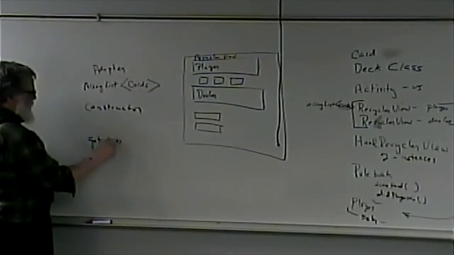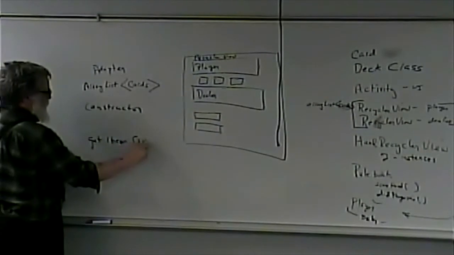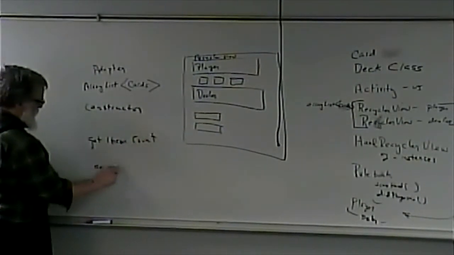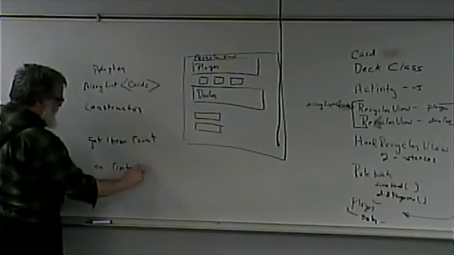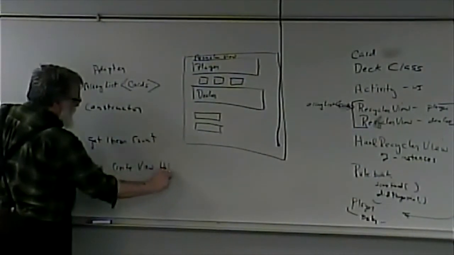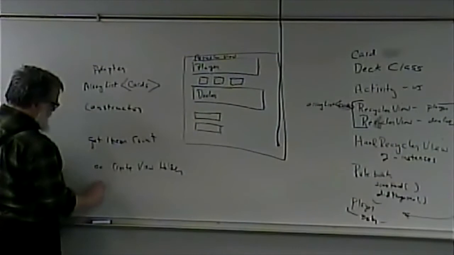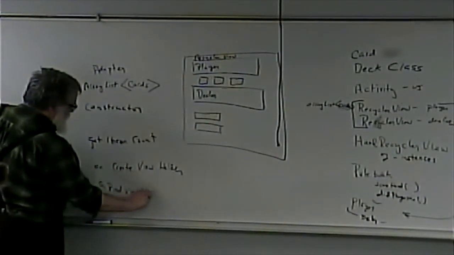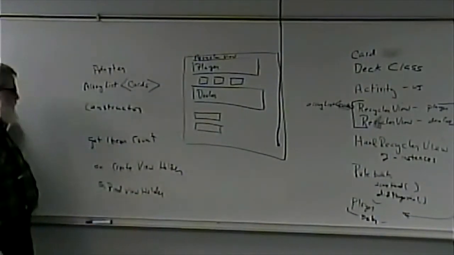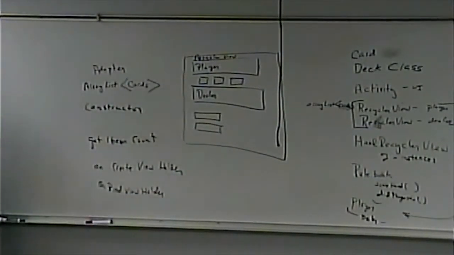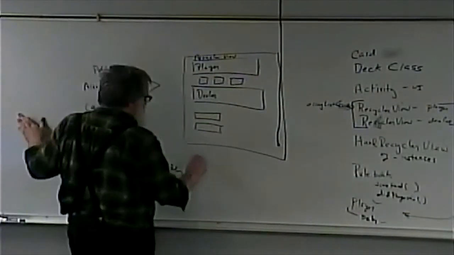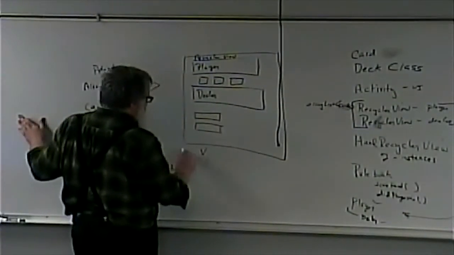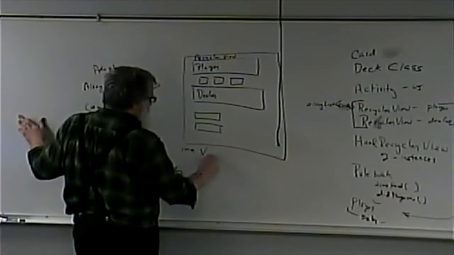You're going to have an on create view holder and an on bind view holder. And I'm not quite sure how to represent that in the UML. And then you're going to have an inner class of view holder.